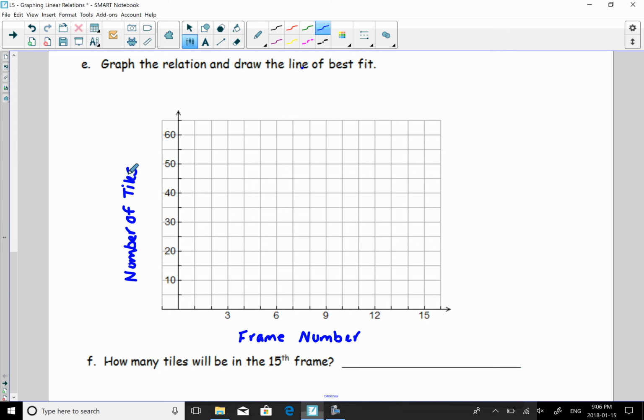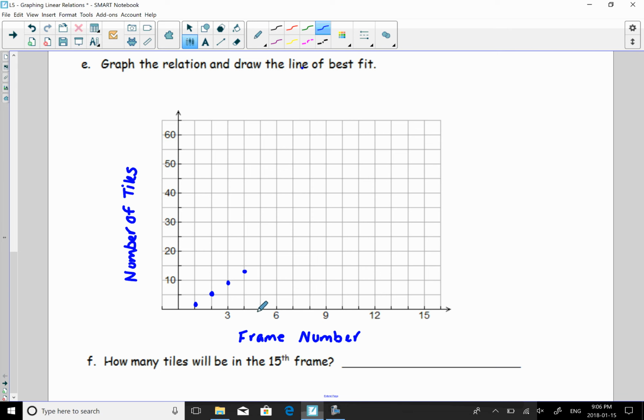So when we had one frame, so this goes by 1, 2, 3, one frame was 1, so it's pretty low here. 2 frames was 5. 3 frames was 9. 4 frames was 13.